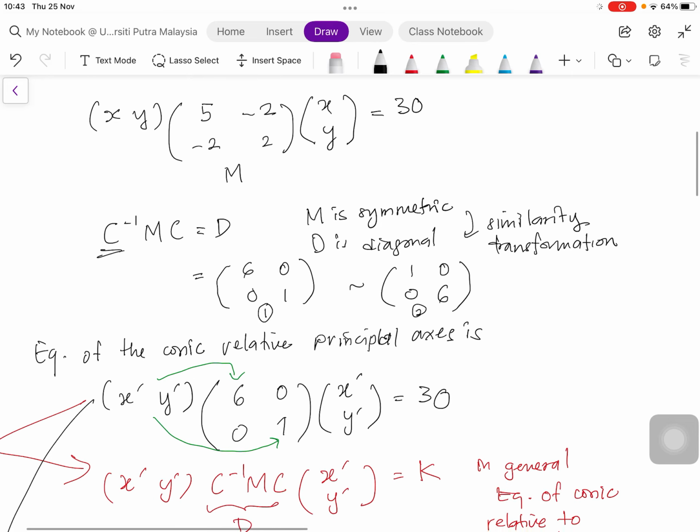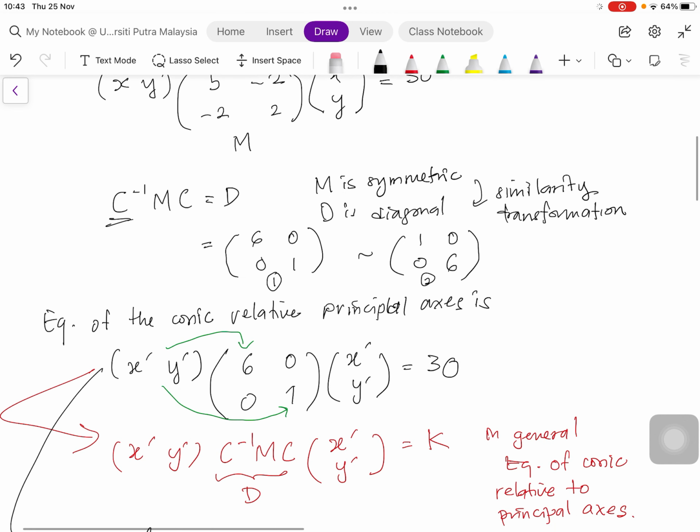Then finally, you can get the equation of the conic relative to the principal axis, which is after you rotate it. So you have the new prime coordinates, you multiply with the diagonal matrix, and you have the column vector of the prime coordinates, making it equal to 30.